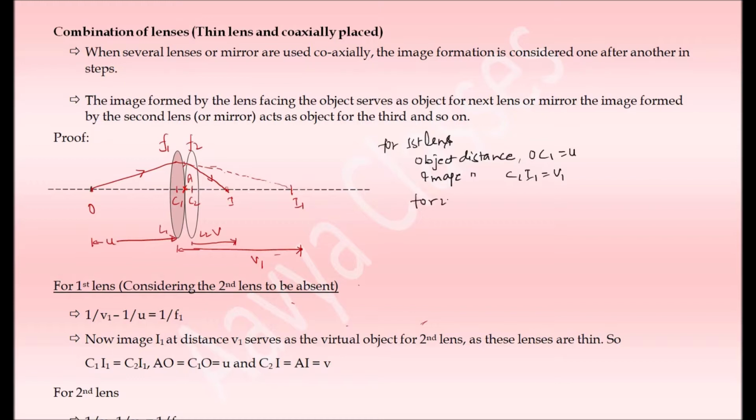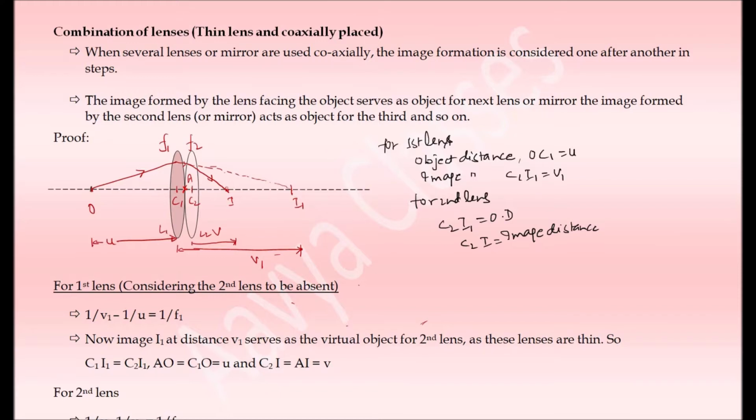For the second lens, C2I1 is the object distance, I just note it as OD, and C2I is the image distance.